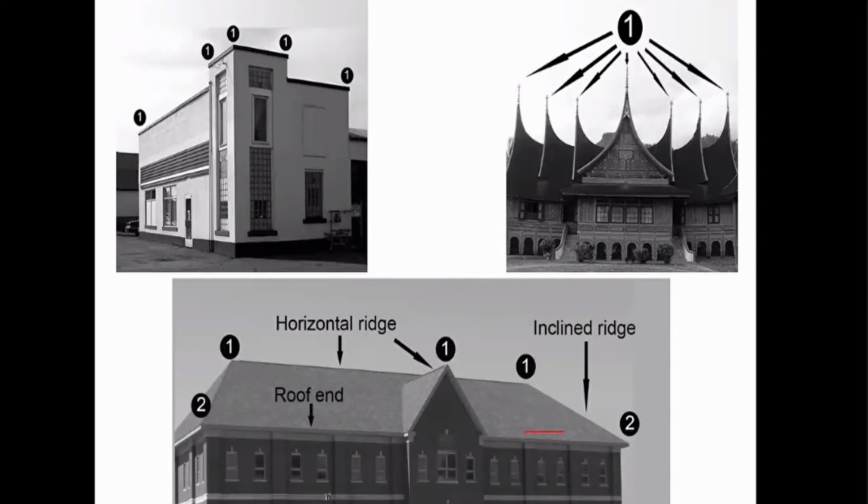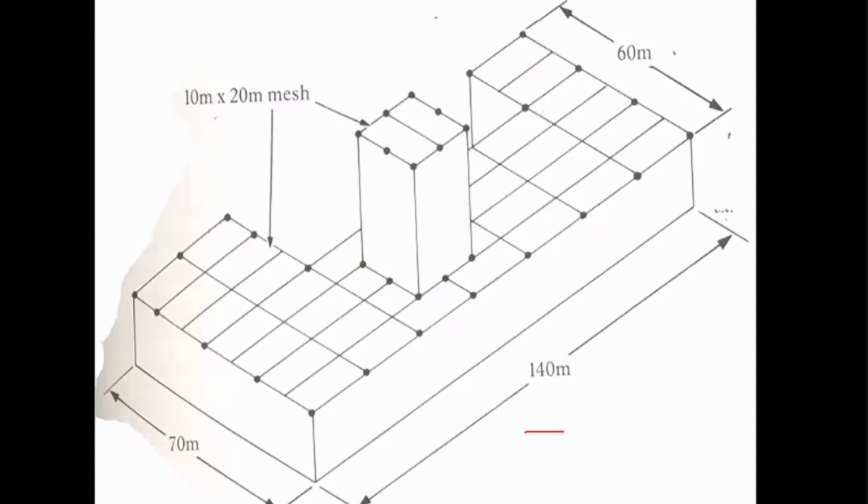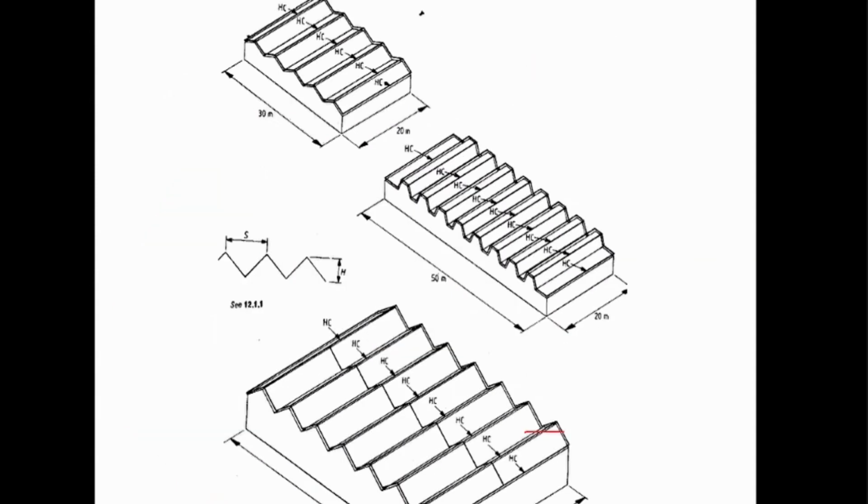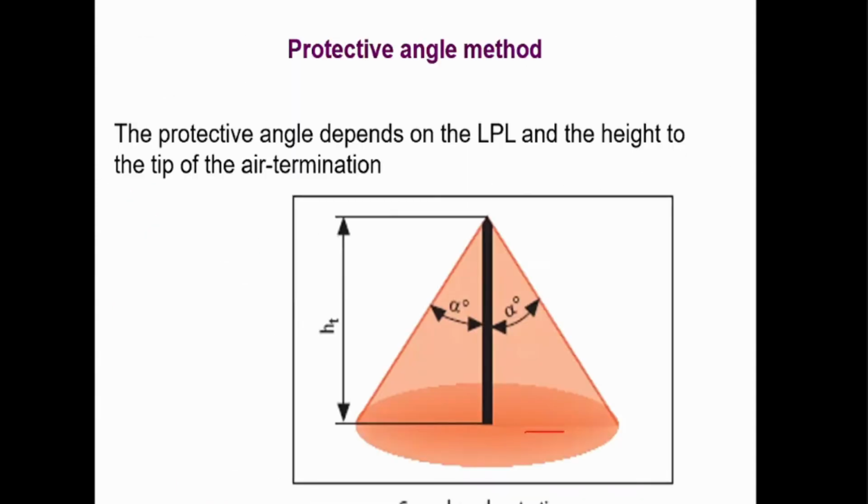What you see from one is the places where you essentially need the air termination conductors, and number 2 shows where you may or may not need the air termination. And a few diagrams, I will run this quickly.